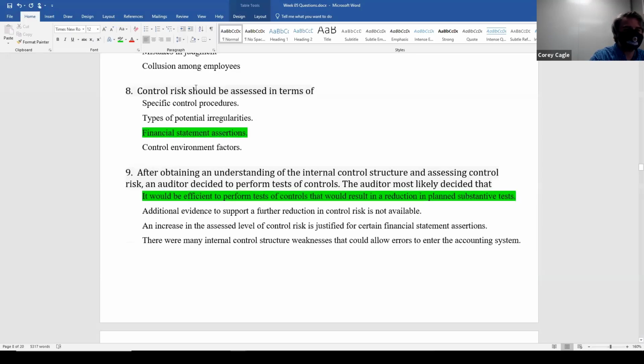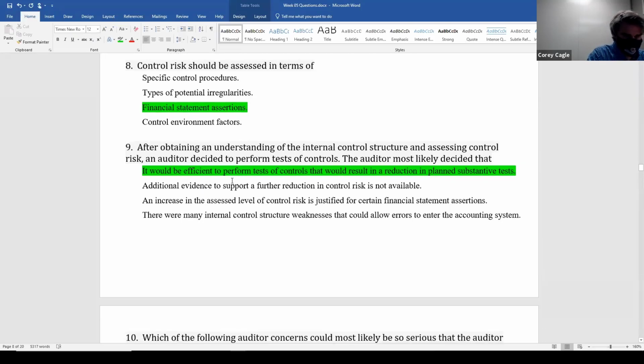Here's another way of wording how everything comes back to financial statements. Control risk should be assessed in terms of what effect it has on financial statements. 9 is more about the relationship between test of controls and substantive tests. 9 says, after obtaining an understanding of internal control, the auditor decided to perform test of controls.